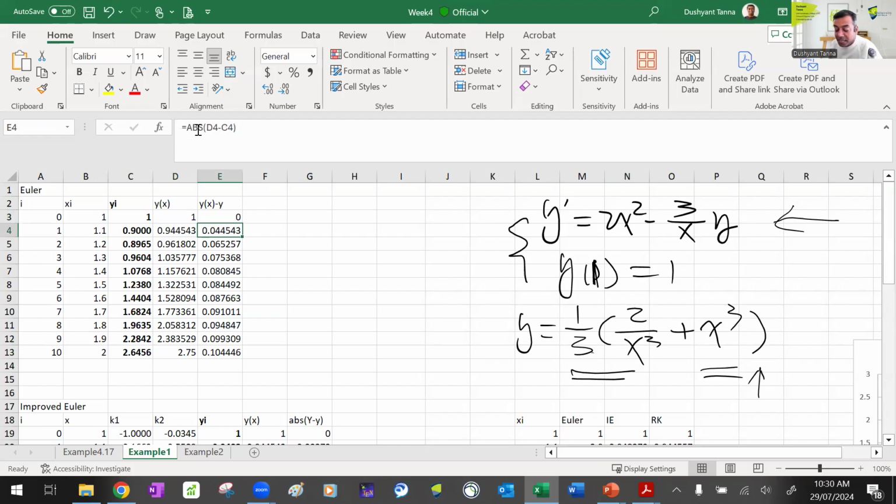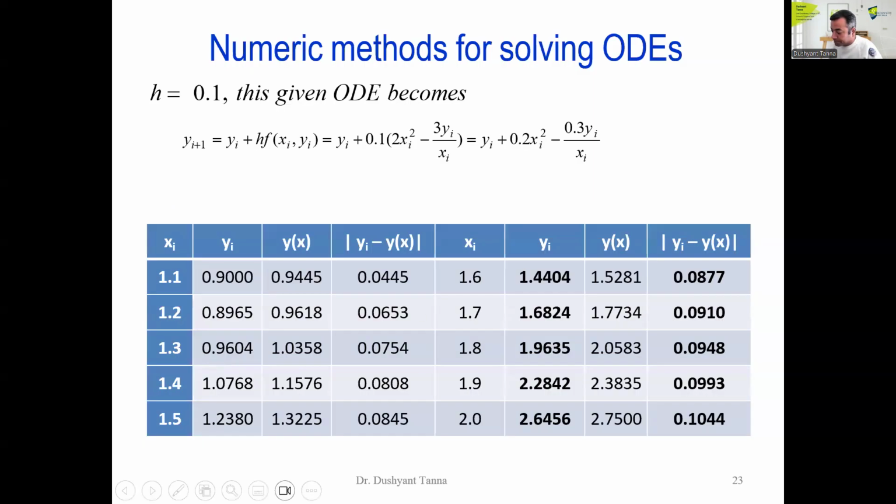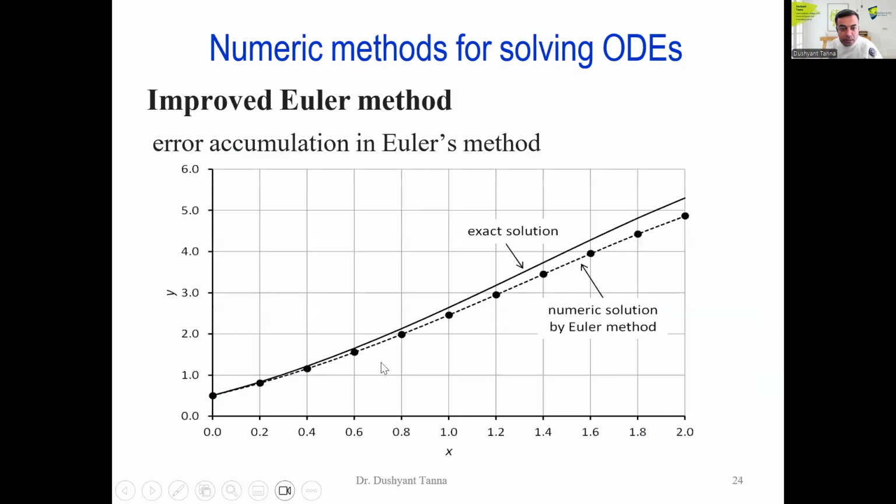And then the difference, ABS, the absolute value function, is used between the actual and the approximate solution, right? And that's all the error that you get. Okay. Hopefully by now it's starting making more sense. And the graph of exact solution and numerical solution through Excel.